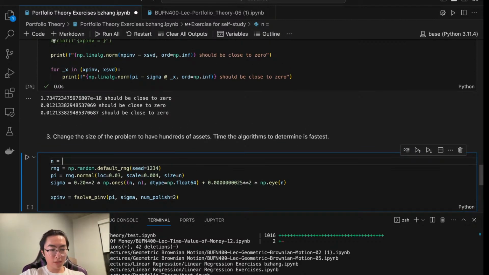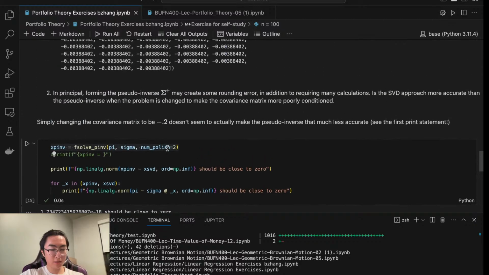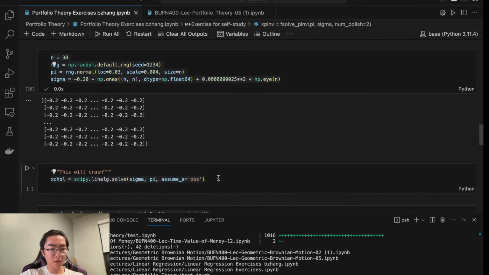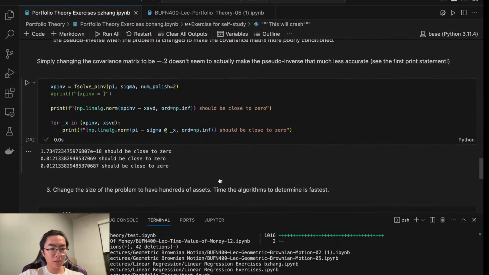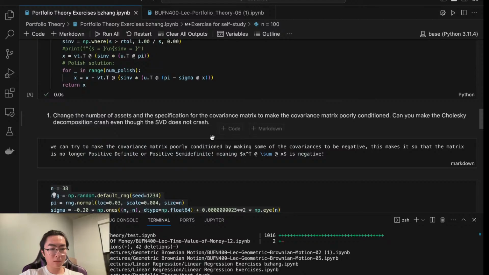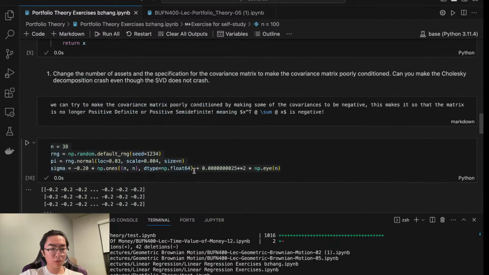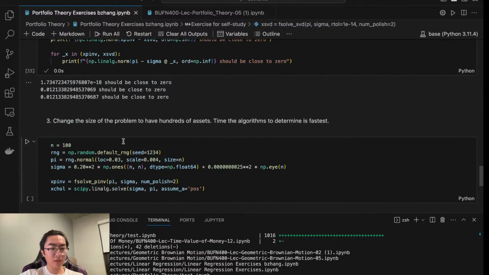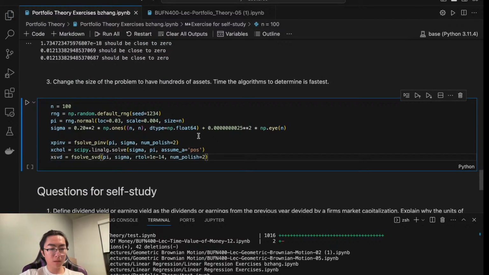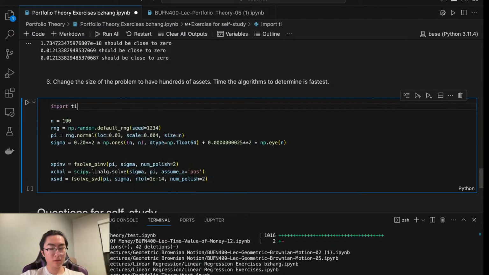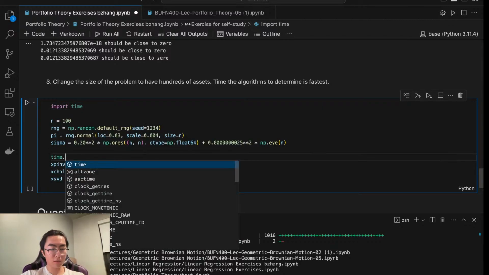All right, let's crank this up to 100. Okay. We have the P inverse. We could do Cholesky. And then we could also do, I don't think we have an SVD yet. Okay, so we could import time. Okay, so we can time that start.